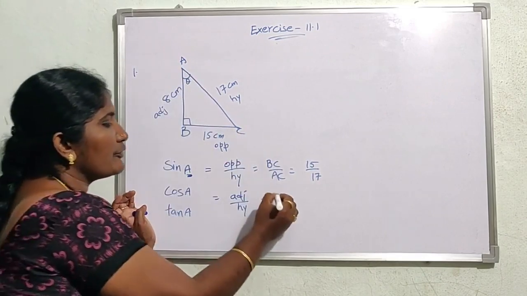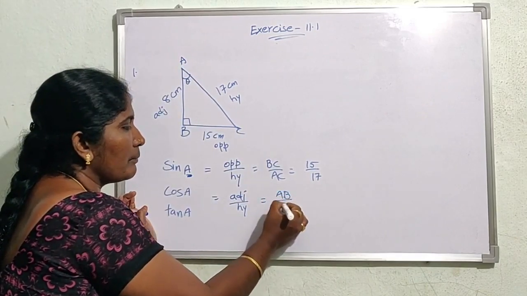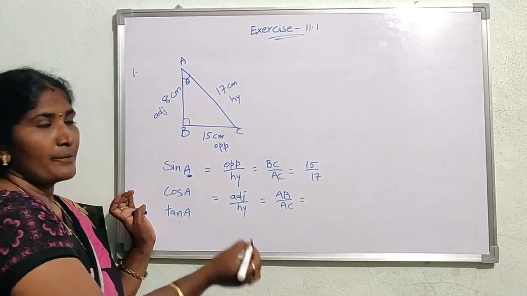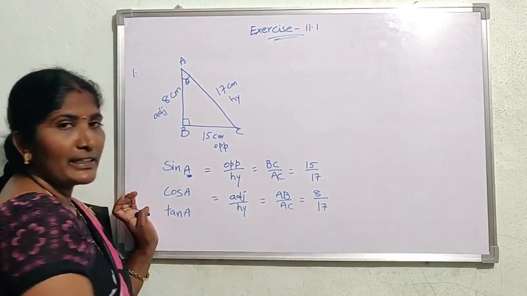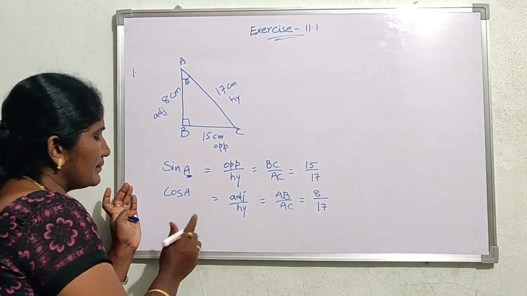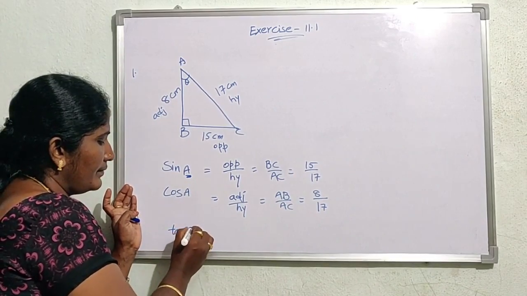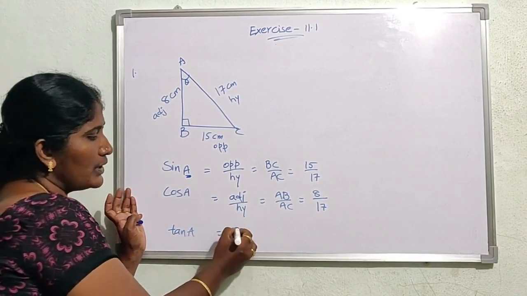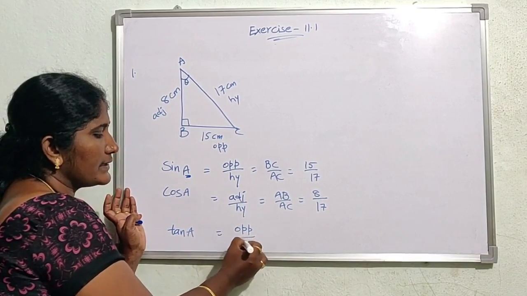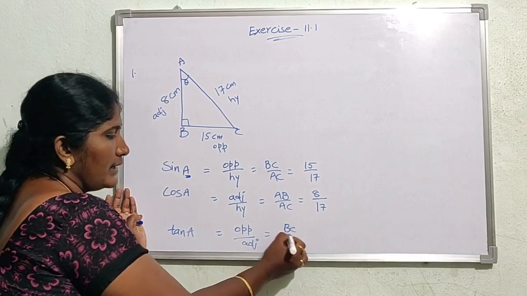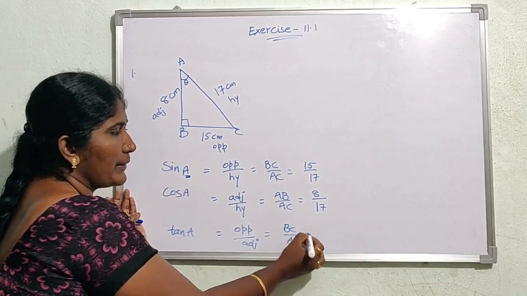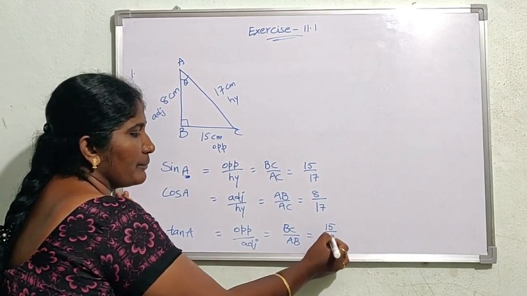What is adjacent side from the figure? AB by hypotenuse is AC. Substitute the values. AB is 8 and AC is 17. Coming to tan theta. Tan A is equal to opposite side by adjacent side. Here opposite side is BC and the adjacent side is AB, which is 15 by 8.